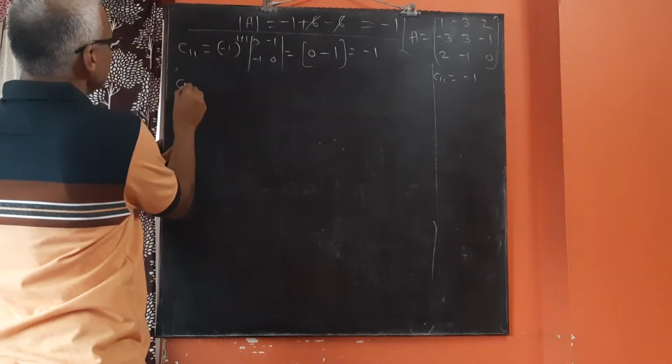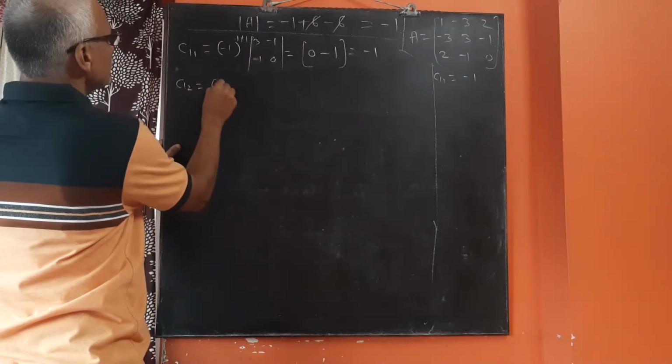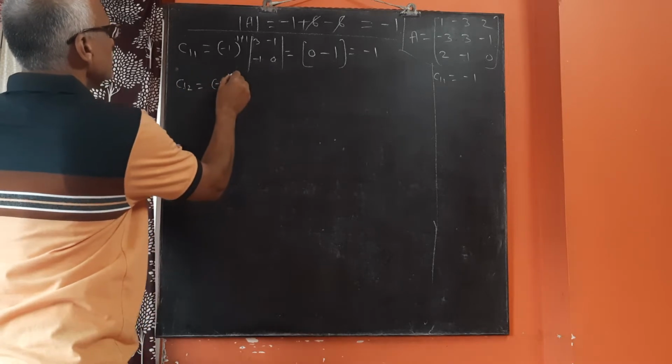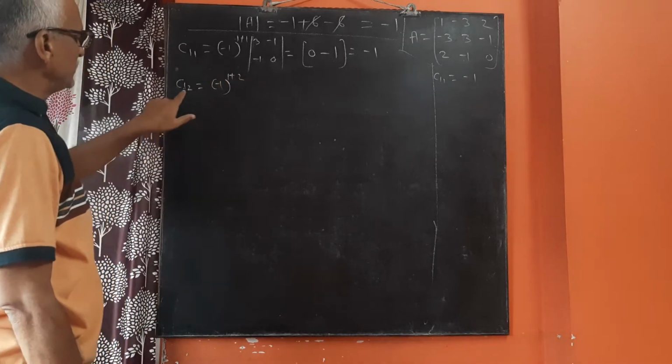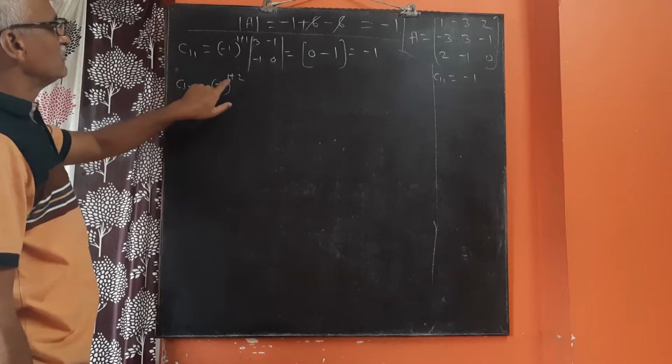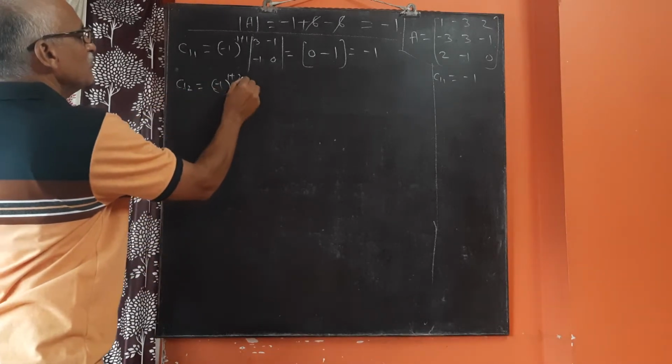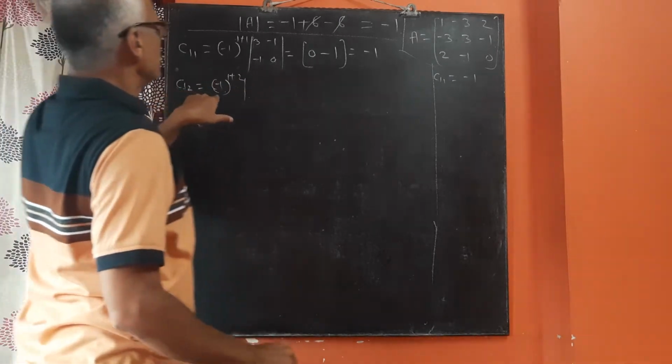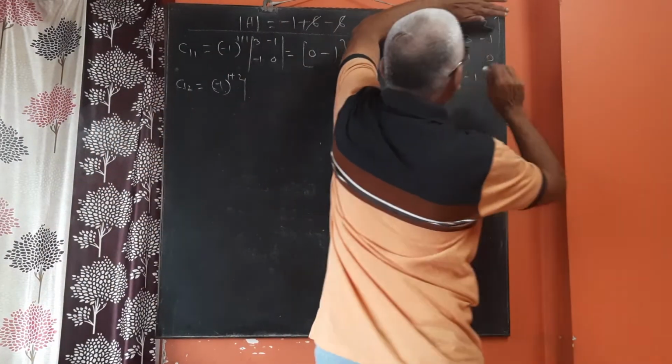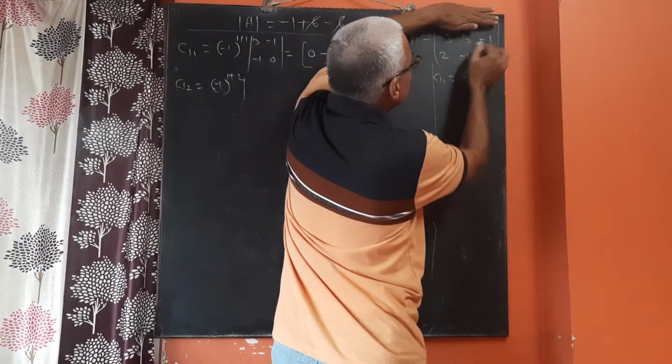Then C12 is equal to minus 1 raised to 1 plus 2. Where did this 1 plus 2 come from? Here it is the position of C12, so minus 1 raised to 1 plus 2 into the determinant of the remaining elements: minus 3, minus 1, 2, 0.